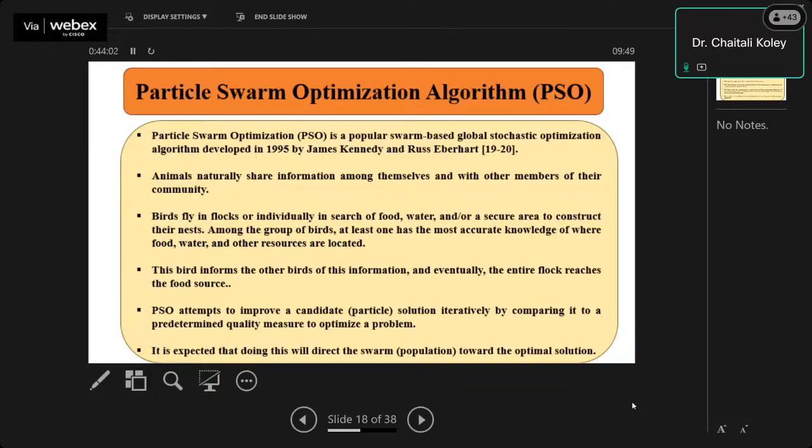It is a bio-inspired algorithm, a simple technique to search for an optimal solution in the solution space.